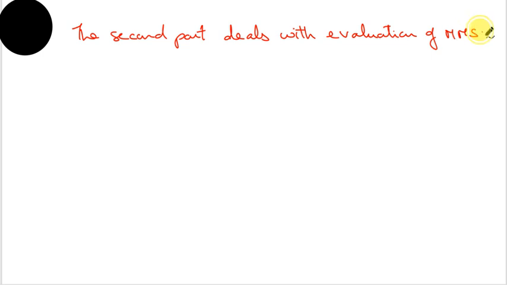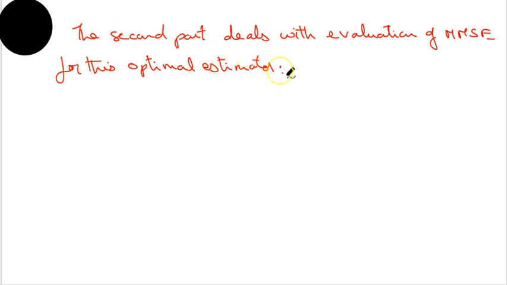Here the second part deals with the evaluation of EMMS, the minimum mean square error, that too in the linear case, for this optimal estimator. So how do I go about the second part? This is the question now.